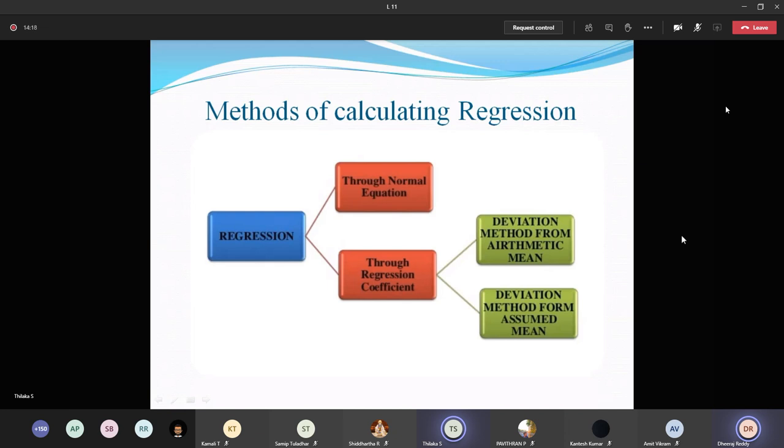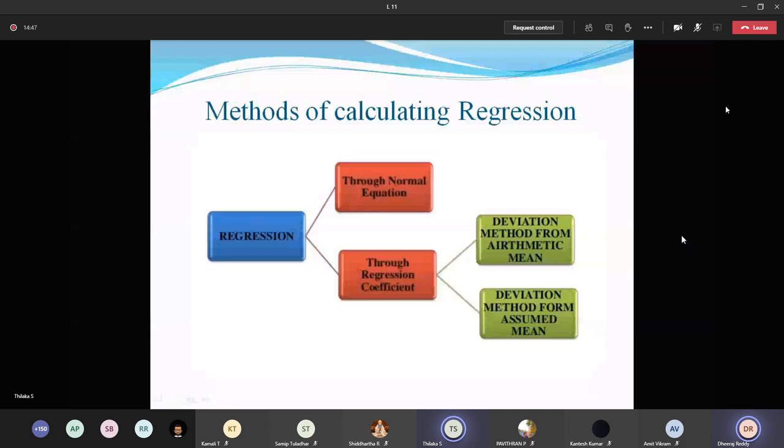If we get all those things from the population, that is called the parameters, and if we get this analysis from the samples, that is called the statistics. So this regression coefficient estimates the unknown parameters which describe the relationship between the two variables. It just says about the degree of dependence.